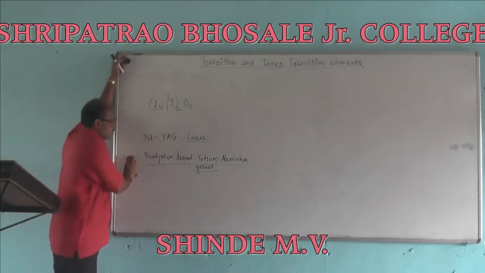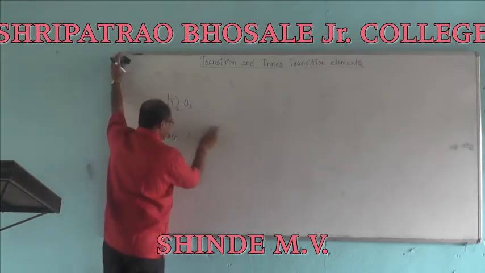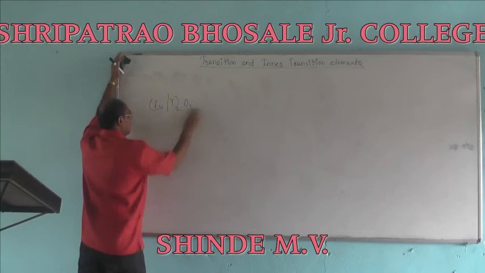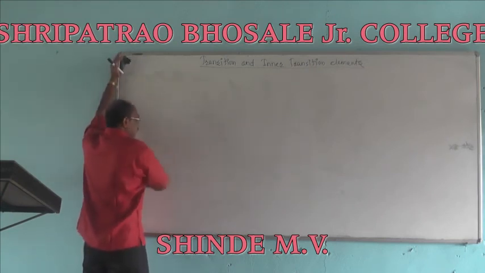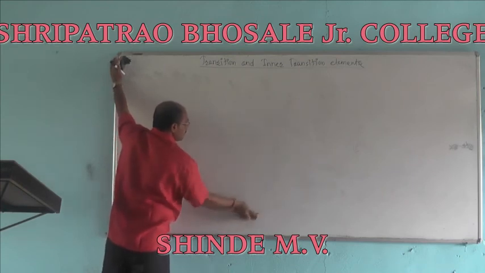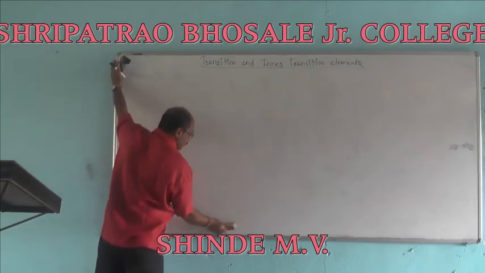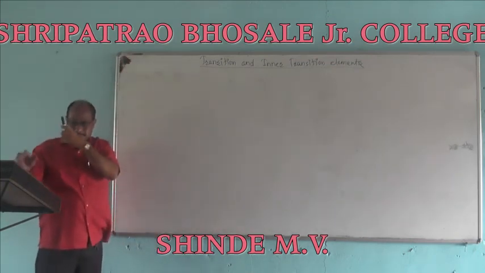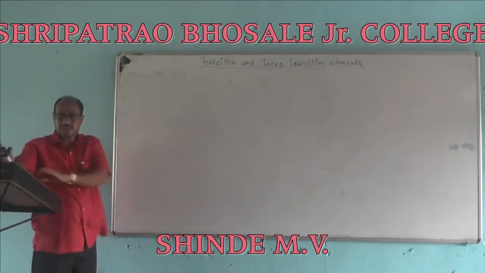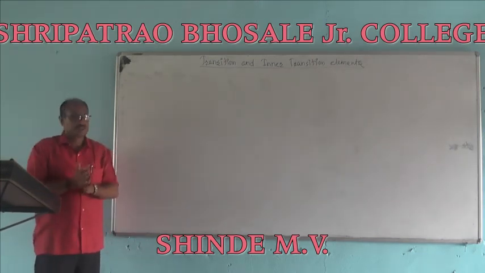So up to the lanthanoids, we have discussed these applications, the magnetic properties, the color and spectra, and the lanthanoid contraction, which is responsible for the formation of chemical twins. So these are the lanthanoids, which are metals.